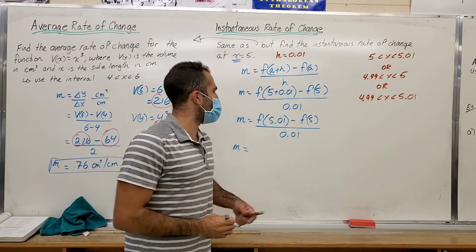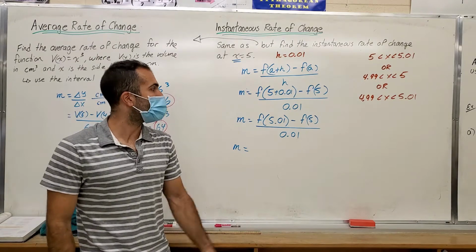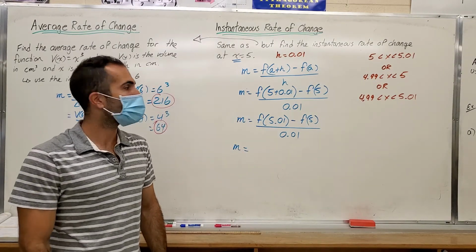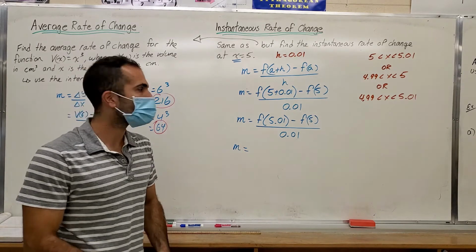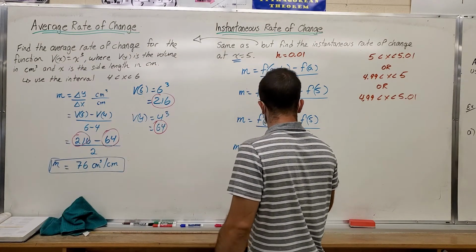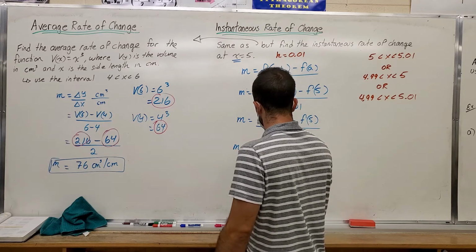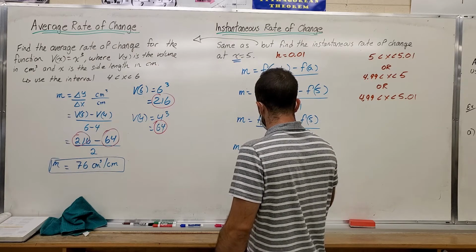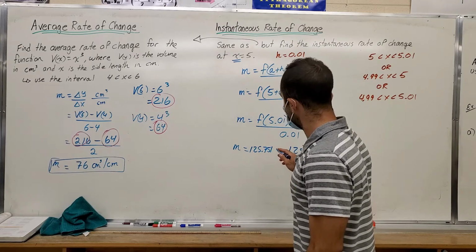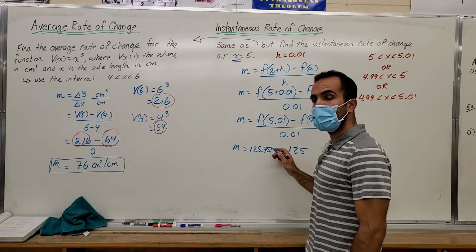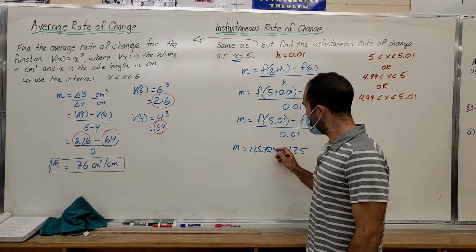Now I'm going to need some help plugging in 5.01 into the function. What's 5.01 cubed? Who's got me? 125.751. Give me more. 751501.